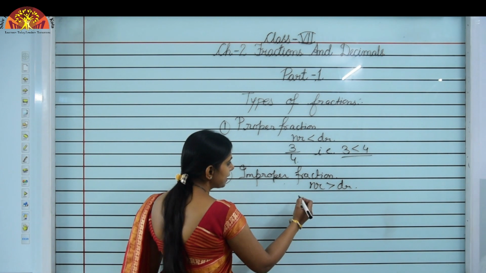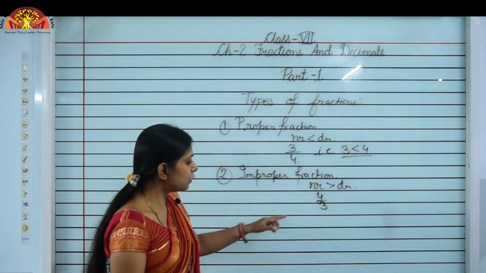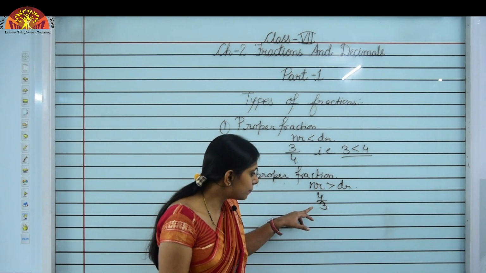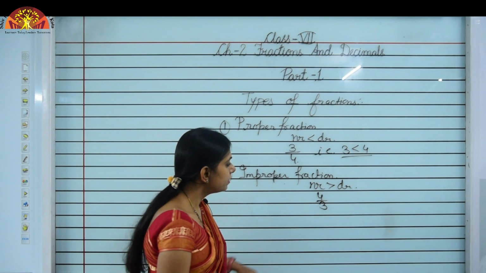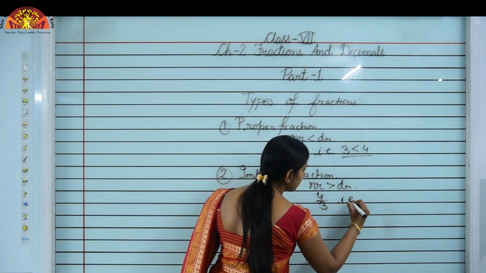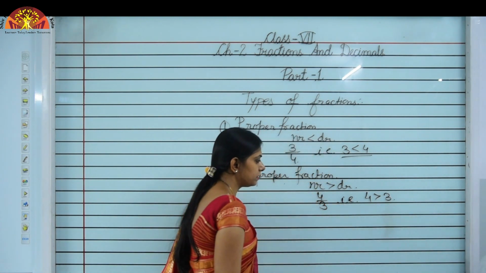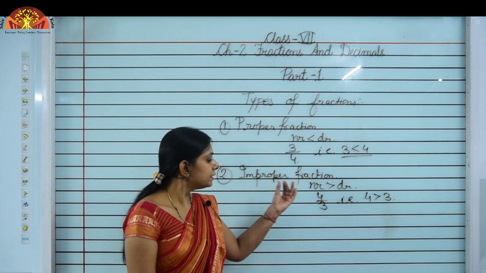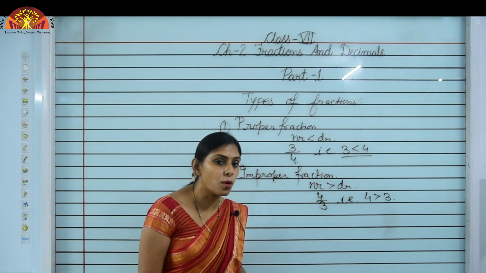As an example, I am taking the fraction 4 upon 3. You can see that 4 is greater than 3, that is, the numerator is greater than the denominator. So whenever the numerator is greater than the denominator, it is known as the improper fraction.